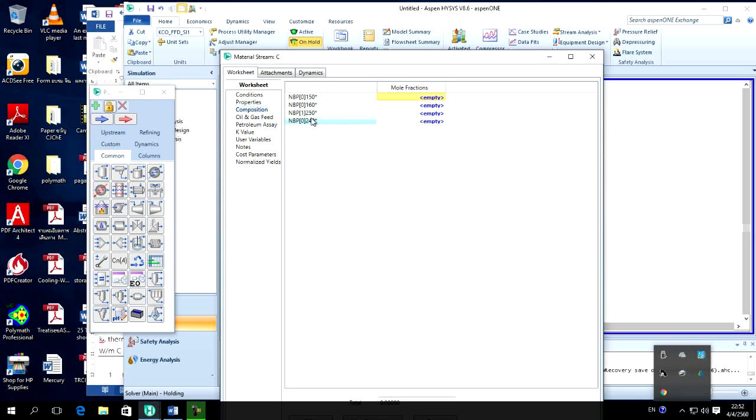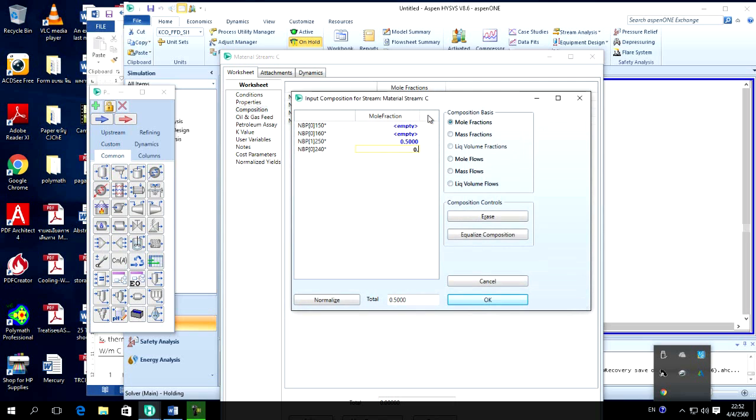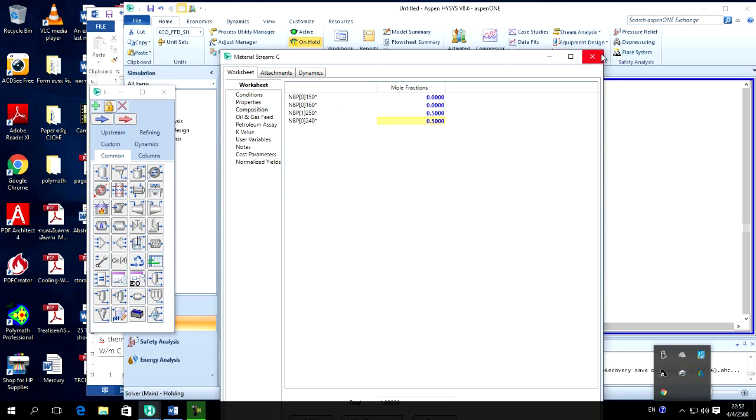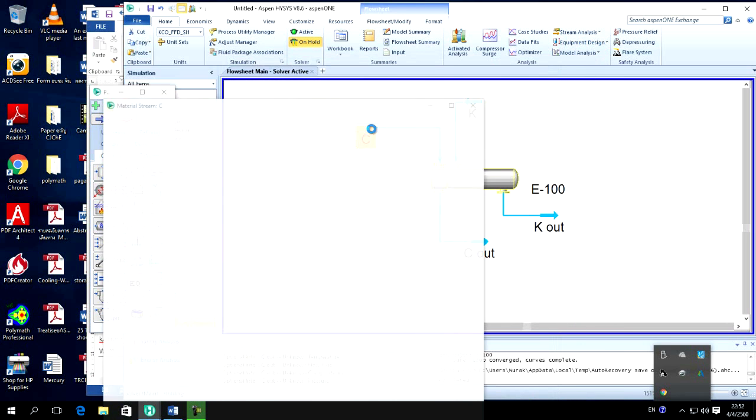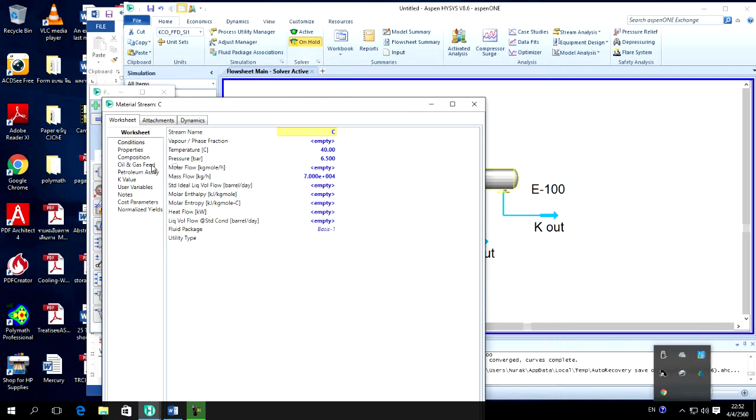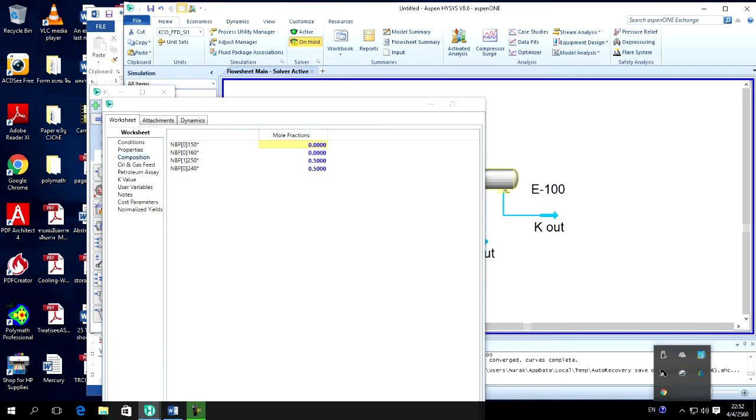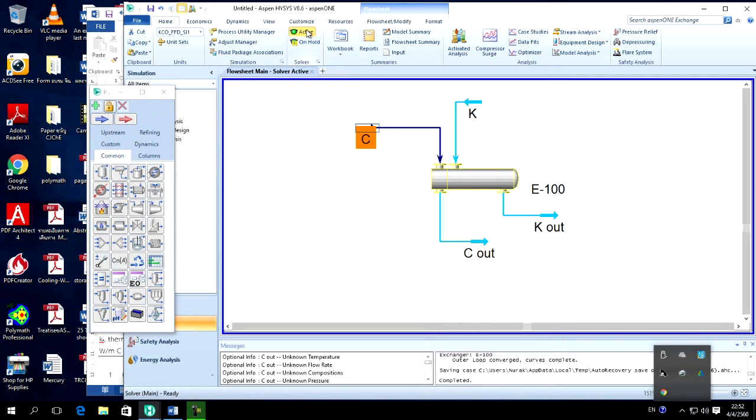The crude oil should be these two representative species, so I put 0.5 in both species. I make it active. Then the crude oil stream is looking good.